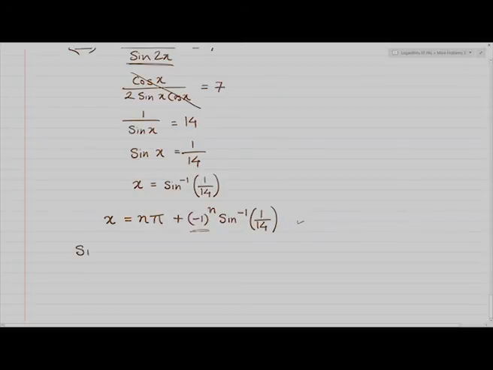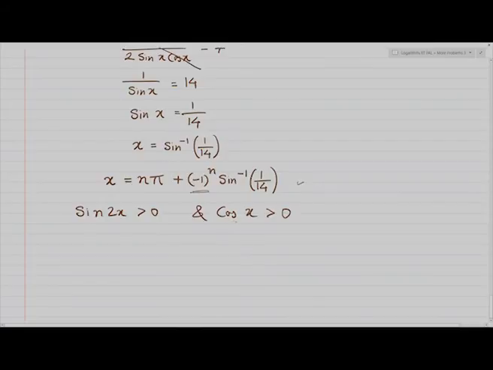I need to ensure sin 2x must be greater than 0 and cos x must be greater than 0, right, in order for the log to be defined. If cos x is greater than 0, then sin 2x is nothing but 2 sin x cos x, which we have already used. So, this also forces sin x all the time must be greater than 0 and cos x must be greater than 0, right.